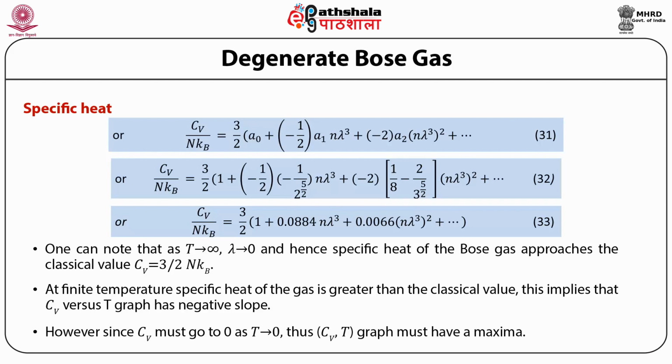However, since the specific heat at constant volume Cv must go to 0 as T approaches 0, the Cv versus T graph must have a maxima. This happens at a critical temperature Tc, where the derivative of specific heat is discontinuous.